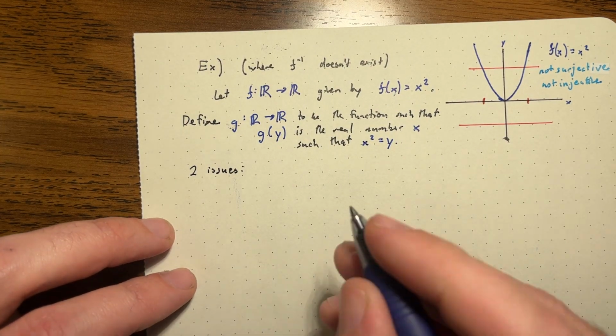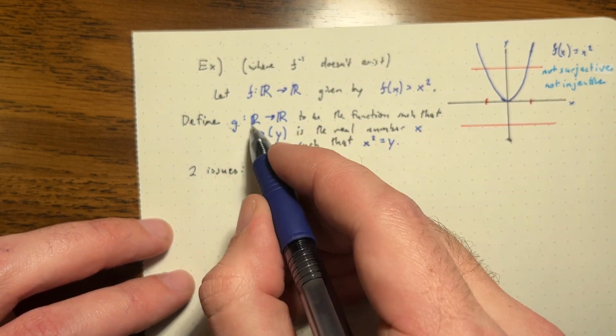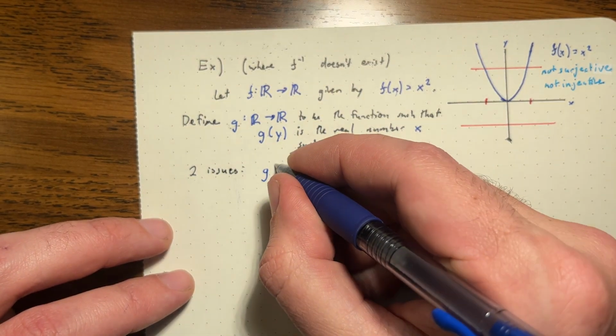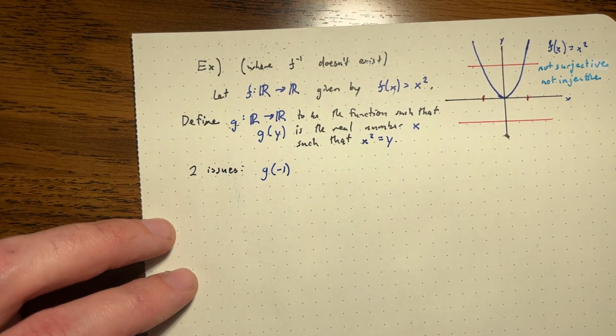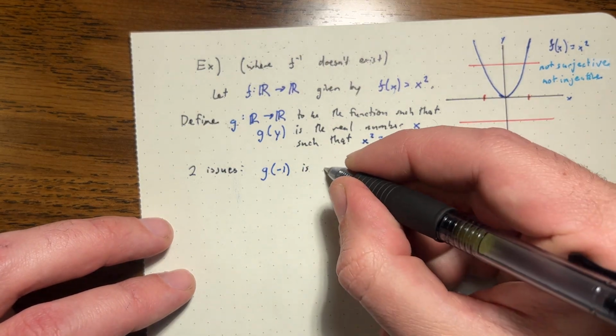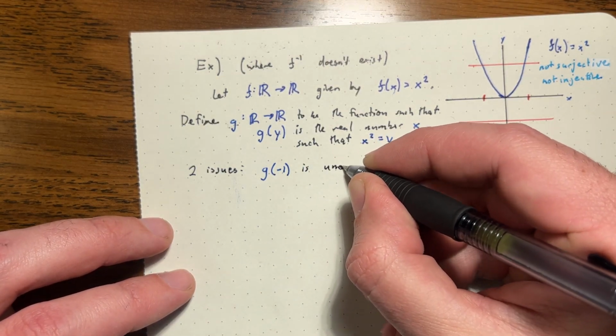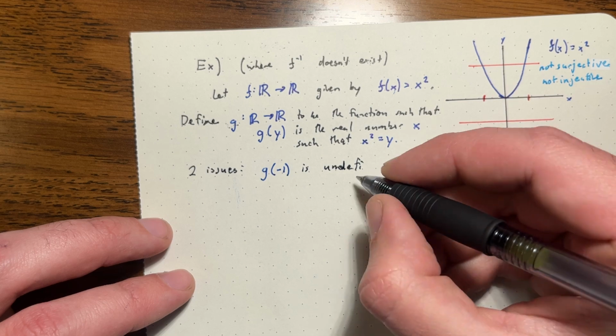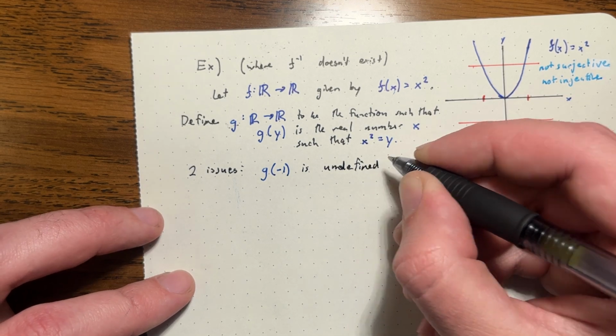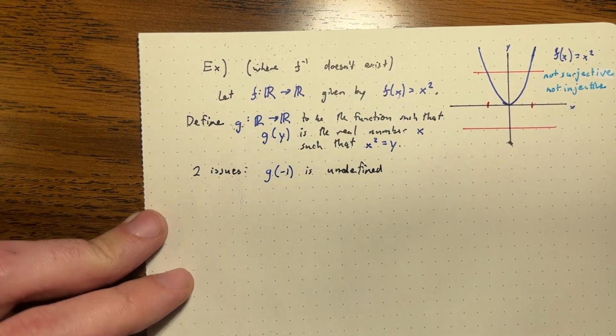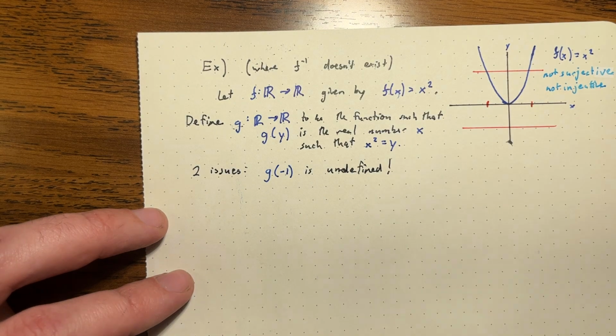But the first issue is that g is not defined on all of R. So, for example, g of -1, we kind of went through this before. So it turns out this has to do with f not being surjective. So g of -1 is undefined. There is no x such that x squared equals -1. Okay.